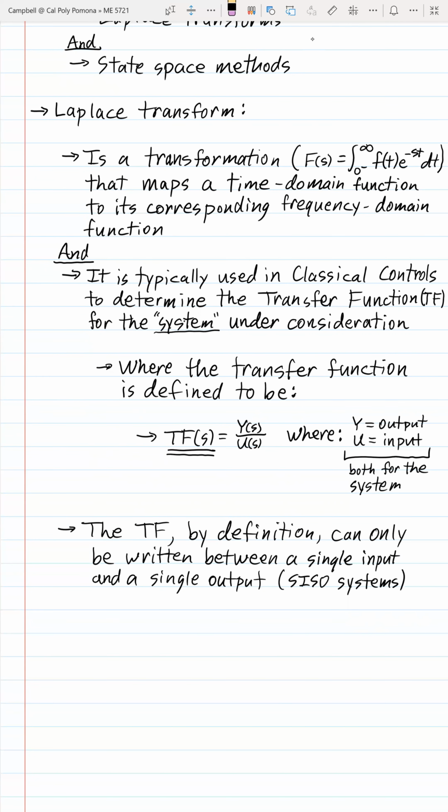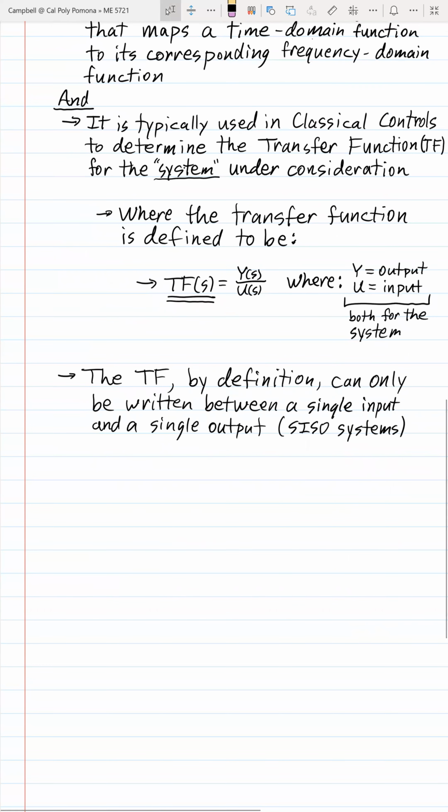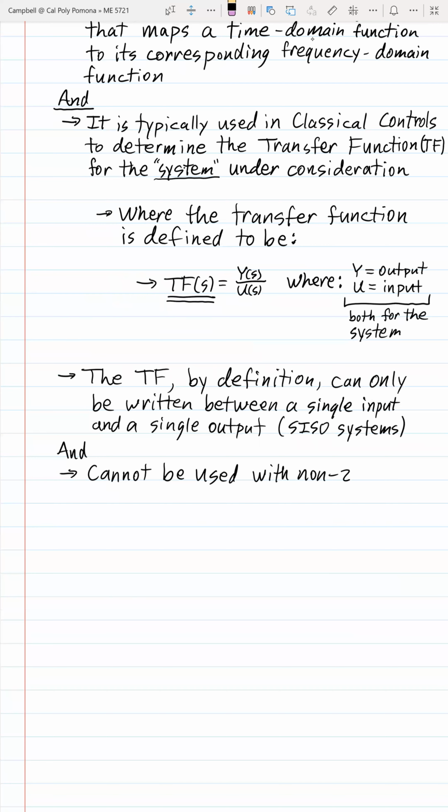Now there is another limitation. This idea of the transfer function cannot be used with non-zero initial conditions.